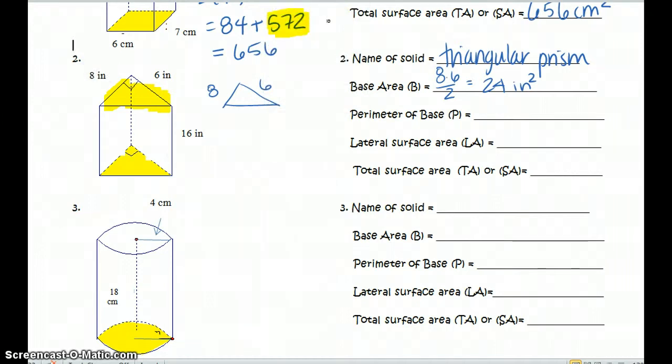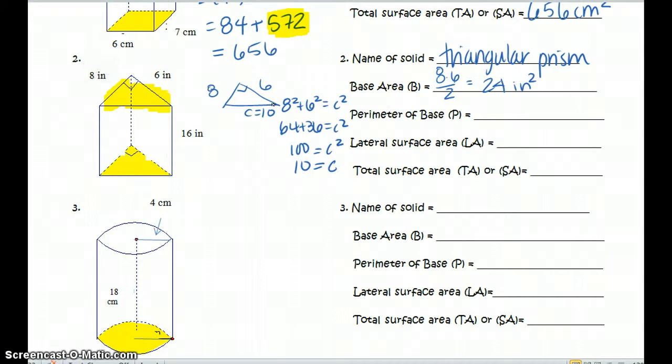Okay. So notice that this is a right triangle, and we can use Pythagorean theorem to find the missing side. So 8 squared plus 6 squared is going to equal c squared. So 64 plus 36 equals c squared. c squared equals 100, so c equals 10.